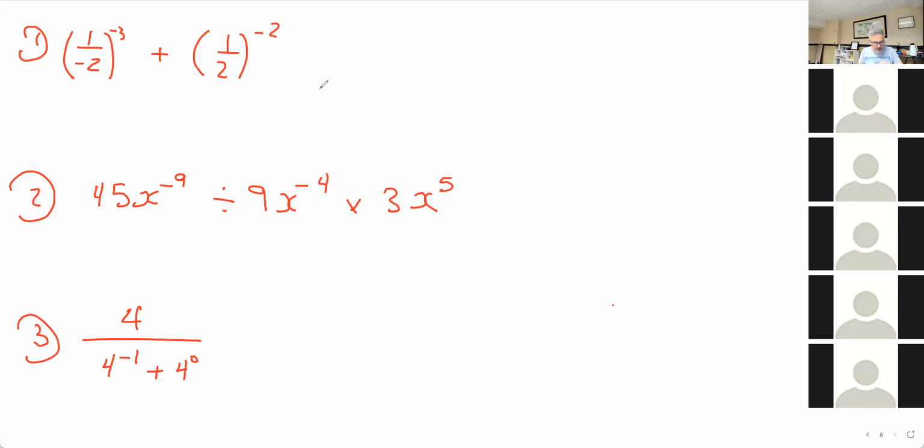Now here, what's the first thing we did about negative exponents? I said we don't like negative exponents. So all you need to do is bring that -2 to the top. So it becomes -2 to the power of 3 plus 2 to the power of 2. Problem solved. Is this clear?